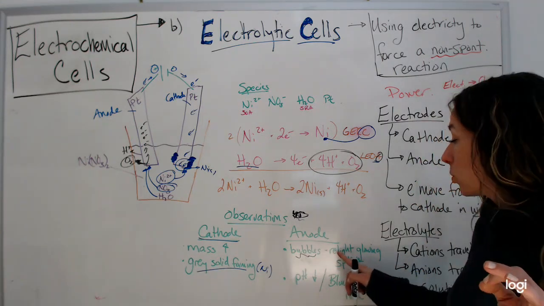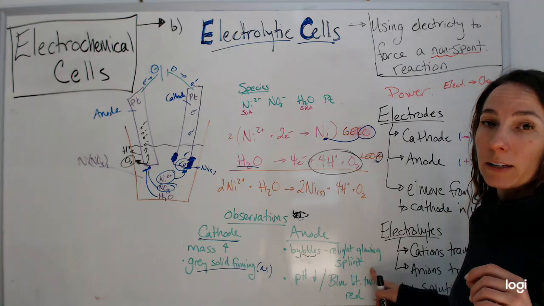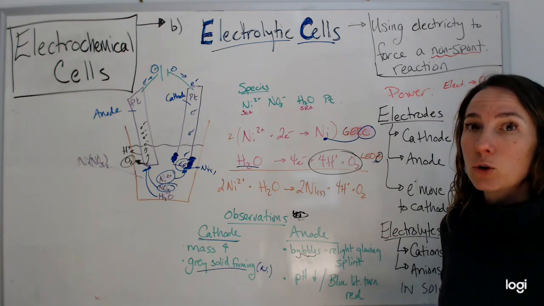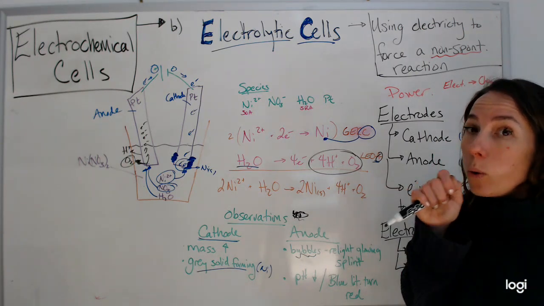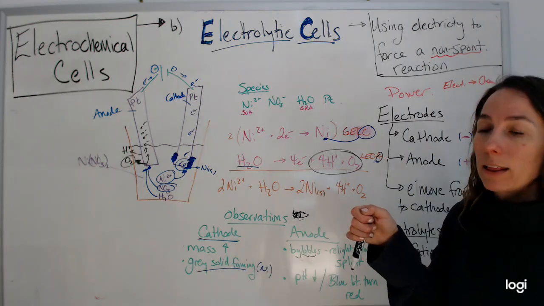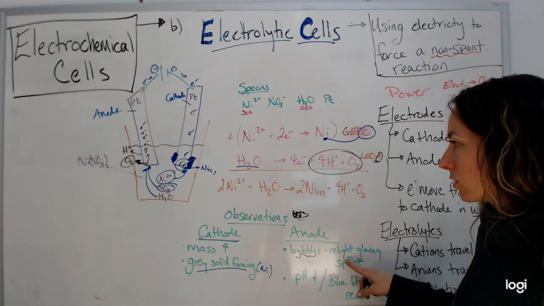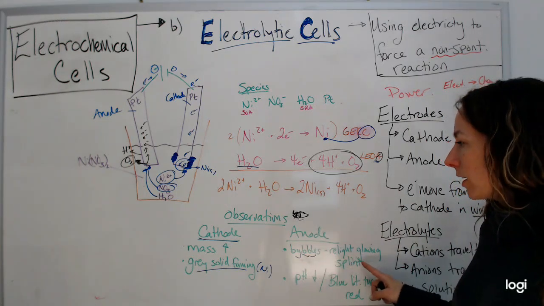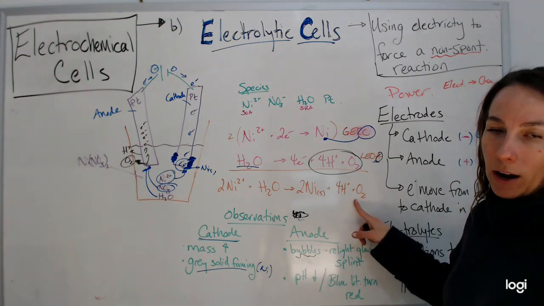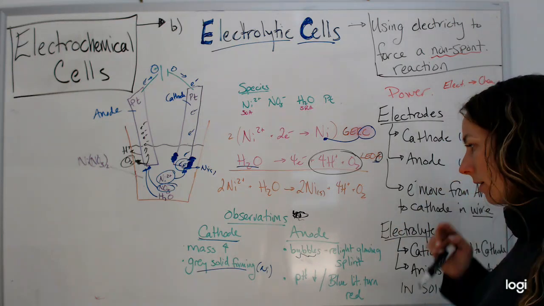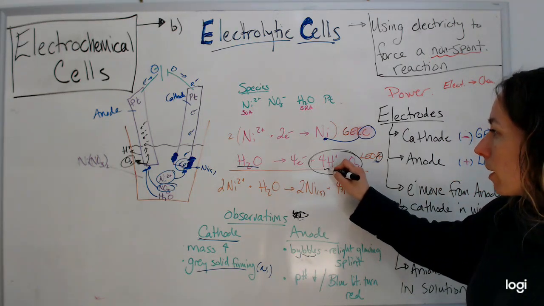And those bubbles will relight a glowing splint. Remember, like in the elephant toothpaste experiment, where I blew out the splint and put it back in the bubbles and it relit, right? Relighting a glowing splint means that I have oxygen. So these are my observations. I infer then that it was oxygen and not carbon dioxide. I'll also be forming H+.